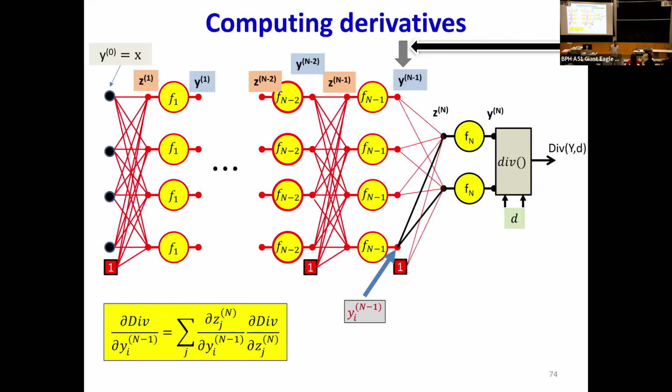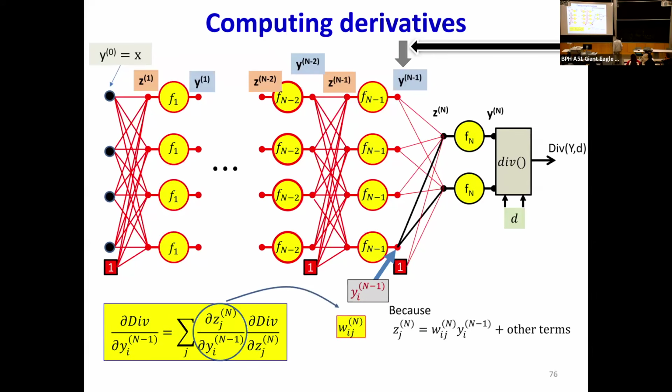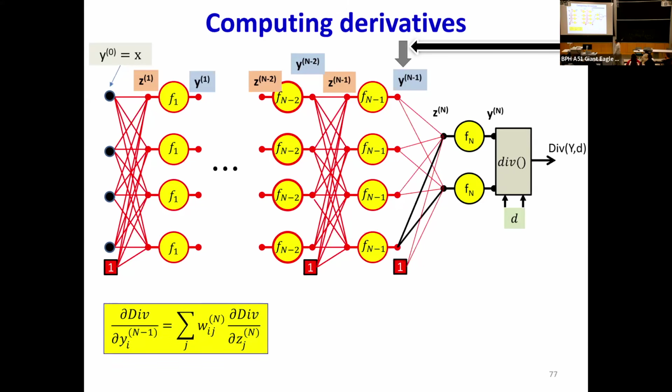Everyone with me? Nothing fancy, right? It's fairly straightforward. And so again, the derivative of the divergence with respect to z was already computed. Using the same principle, the derivative of zj with respect to yi is simply going to be wij. And I can plug that in. And so now I can compute the derivatives for all of the y's in this layer using the same formula.